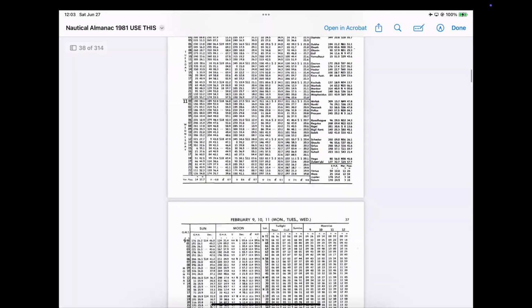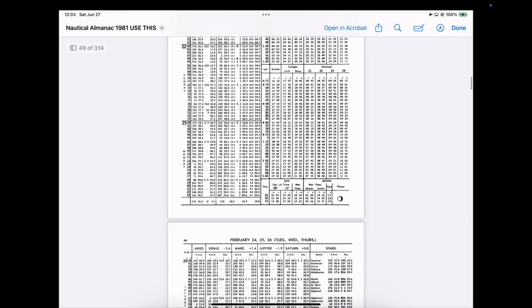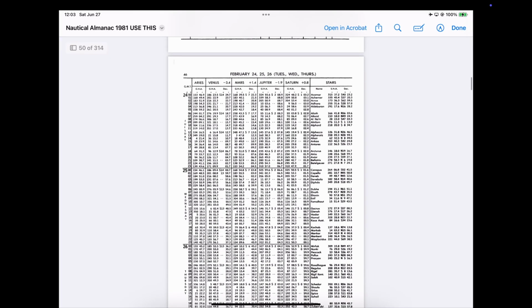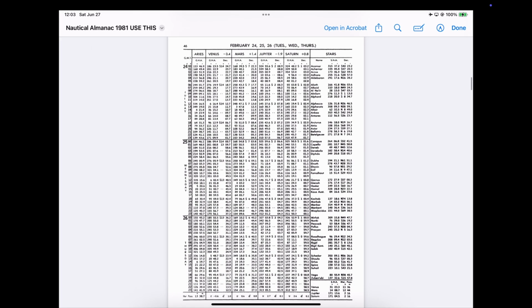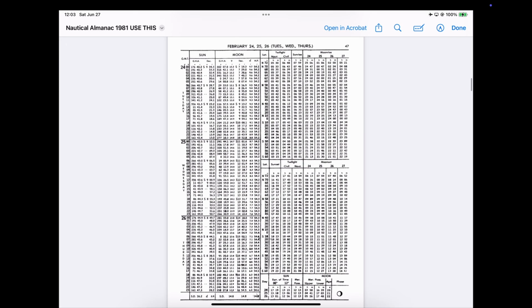And what is our date? The 26th of February. And you see that right there? We're not looking for this page because there's no sun on this page. We're looking for the next one.